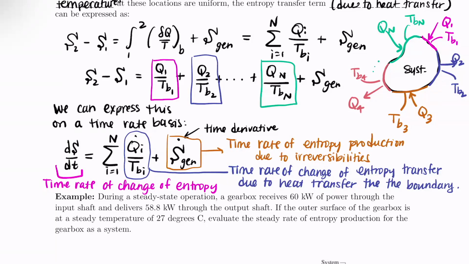All right. And just like the non-rate version, S dot gen has to be greater than or equal to 0. Okay. Okay, I'm going to end right here and we'll start off with an example next time.